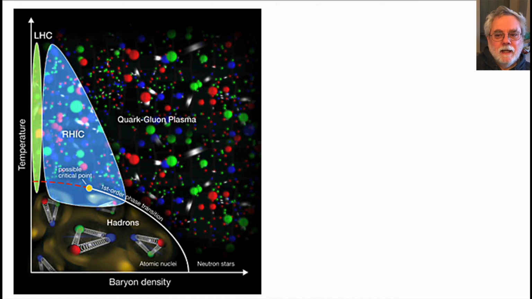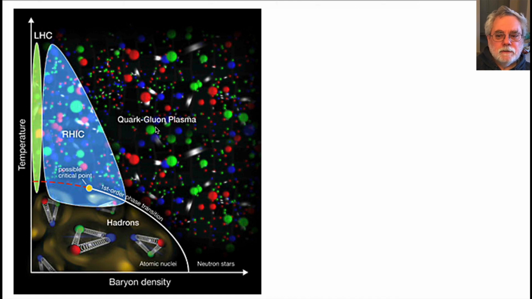There was a hot, dense, liquid-like quark-gluon plasma whose density everywhere in the universe was higher than a proton's density today, much denser than a nucleus or a neutron star.